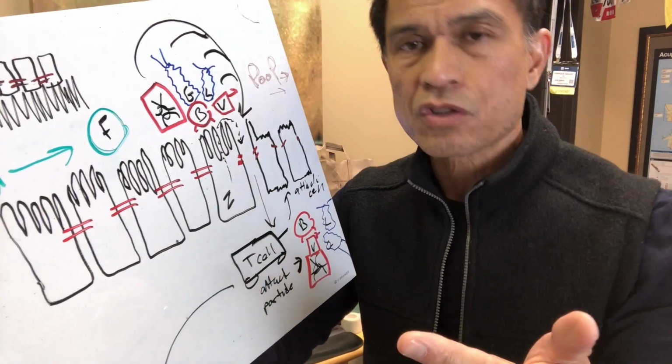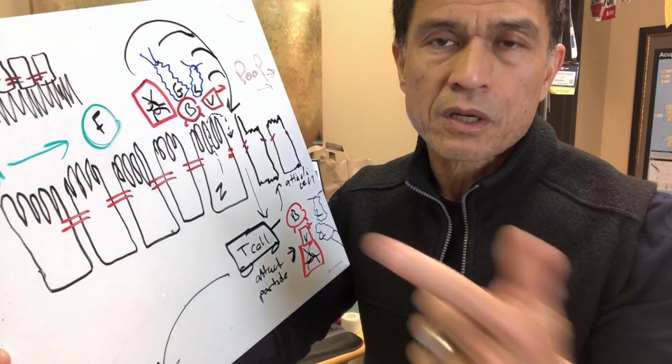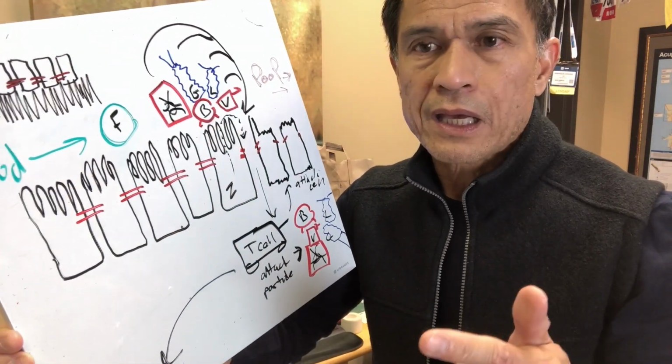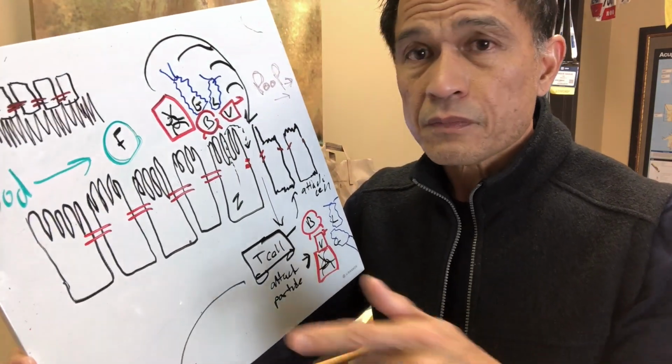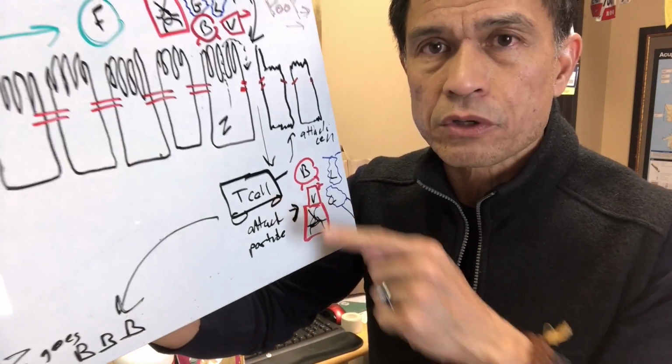They'll attack your kidneys, as with post-streptococcal, a streptococcal infection from group A, where a certain bacteria will accidentally cause you to destroy your own kidneys.